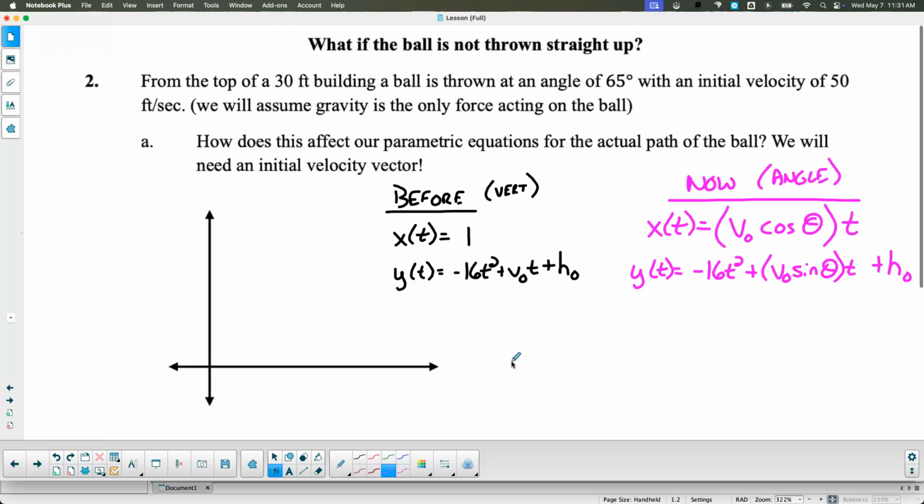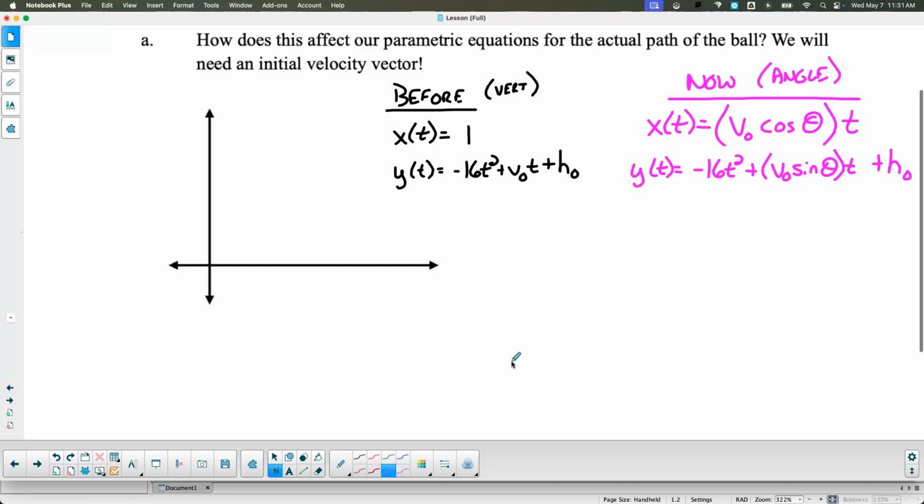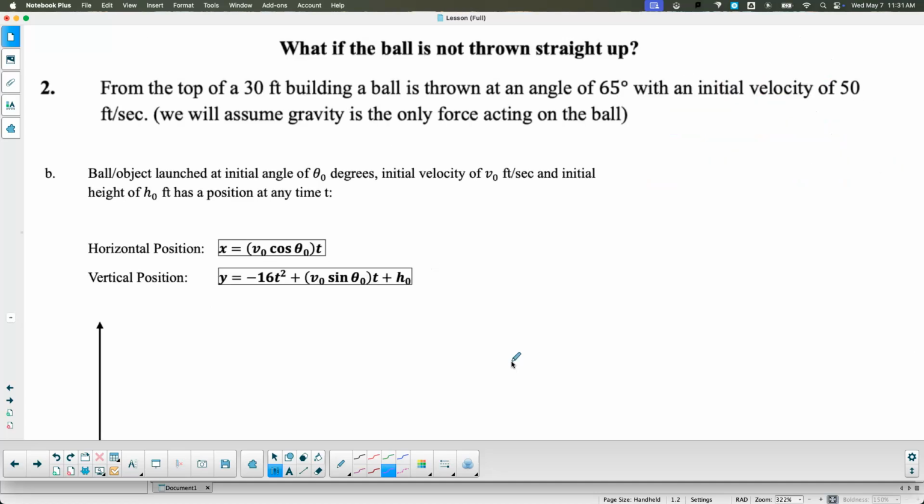We'll just do it all in here because we got it all right here. So our horizontal position function is now going to be x of t equals our initial velocity, 50, cosine of 65 degrees, times t.